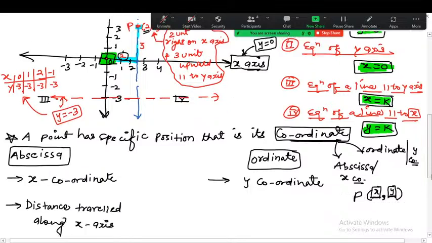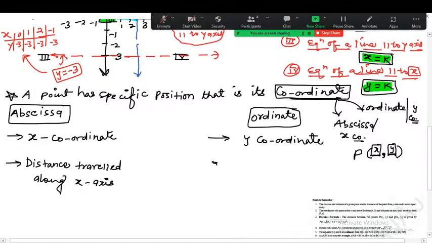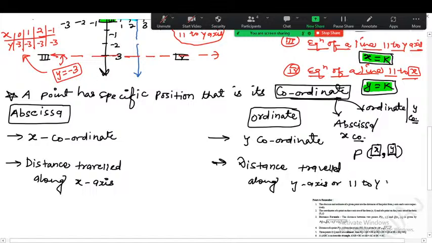Got it? Similarly, for the ordinate you will write the distance traveled along y-axis or maybe parallel to y-axis.